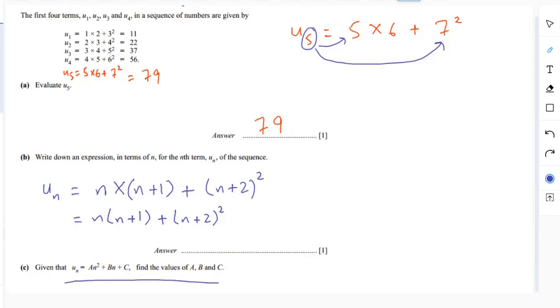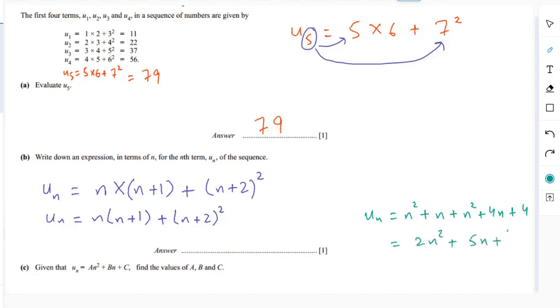How do you evaluate this? हमारे पास un ये आ रहा है, उसने दिया हुआ है कि un is equal to an square plus bn plus c, इसको आप सिंप्लीफाई कर लोगे, उससे कंपेयर कर लोगे. अभी तो ऊपर लिखा हुआ है, इसको सिंप्लीफाई करते हैं, un will be n into n plus 1, that's n square plus n, plus 2 का whole square, that will be n square plus 4n plus 4. So when you simplify that, we get 2n square plus 5n plus 4.